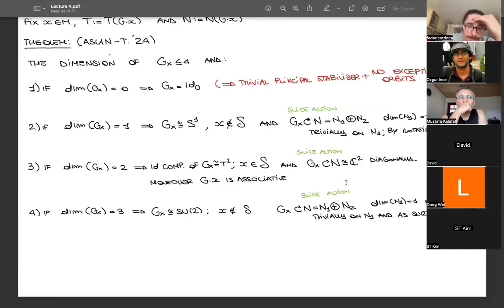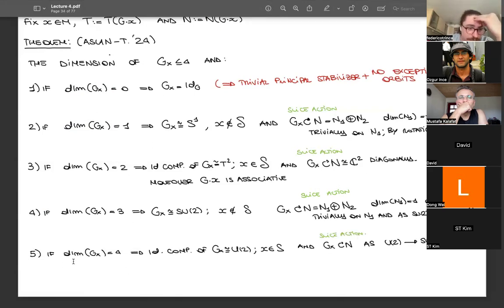And the last case is dimension equal to 4, and in this case, the identity component is isomorphic to U2. We are in the singular set of the T2 action, and we know the action on the slice is just U2 on C3.